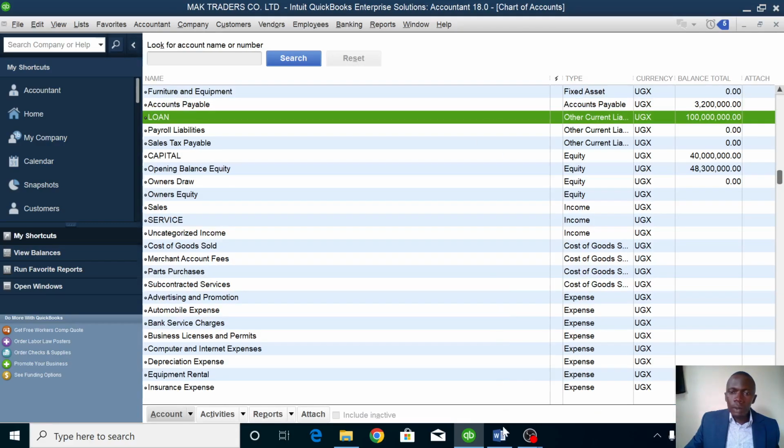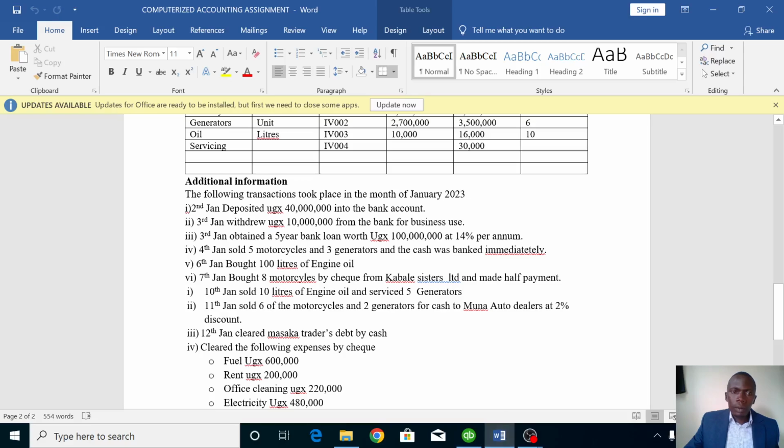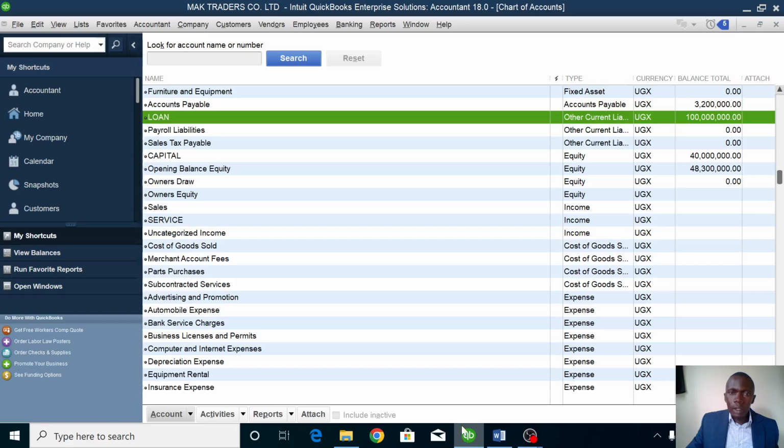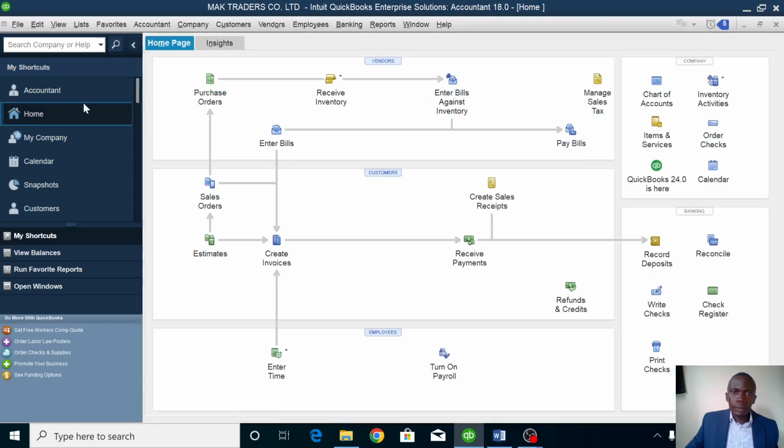So we go back to our question. We are on here, bank loan. So we are going to 4th, sold 5 motorcycles and 3 generators and the cash was banked immediately. So we go back home.